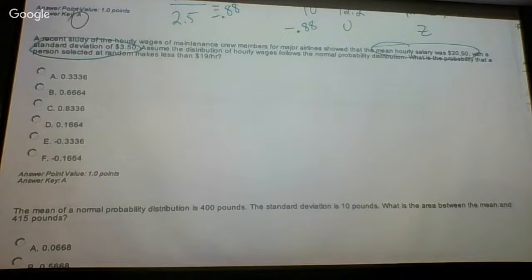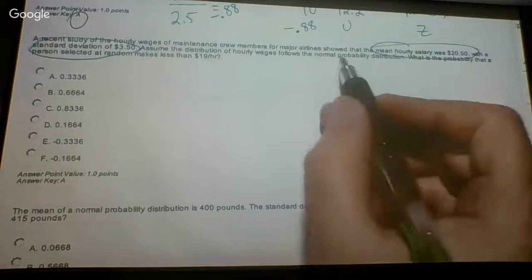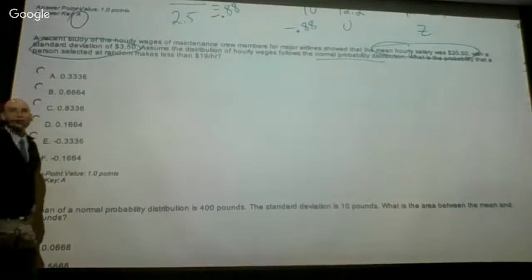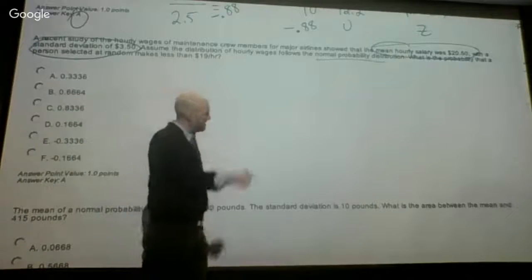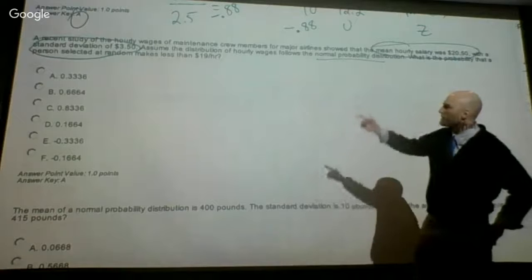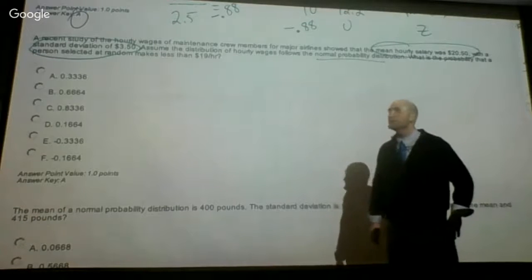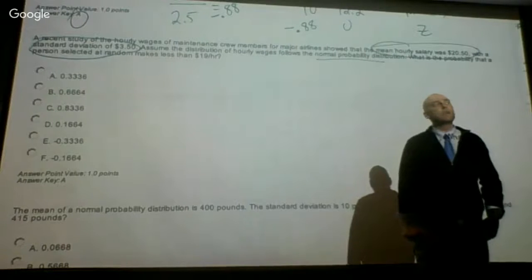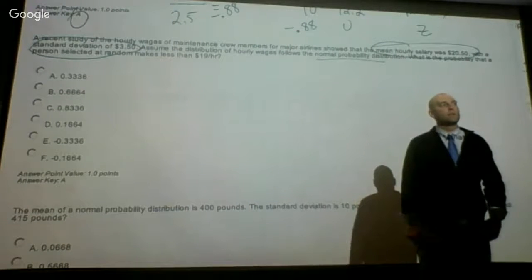Yeah, normal probabilities. If you had to guess whether these would be population level or sample level bits of information, $20.50 is a mean, $3.50 is a standard deviation. Do you think those would be population level characteristics or sample level characteristics?